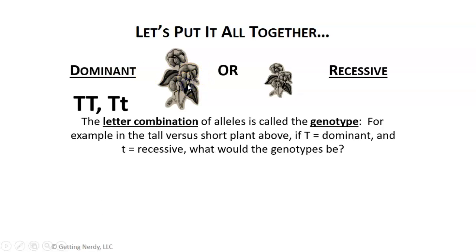There's two of them. You could have the homozygous dominant, or you could have the heterozygous dominant. That would both give you a tall plant. And again, the only way you're going to get the recessive is if both alleles that you get from your parents are the recessive alleles. They're not being hidden.